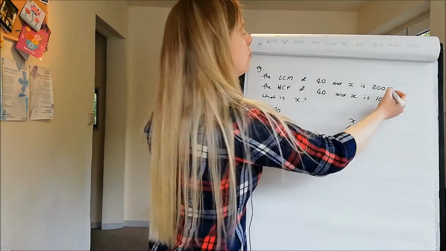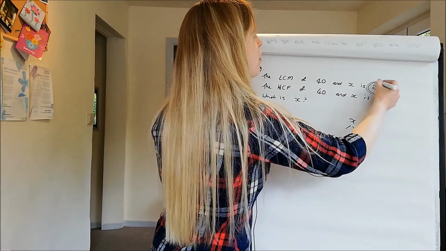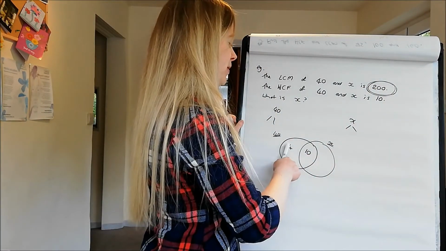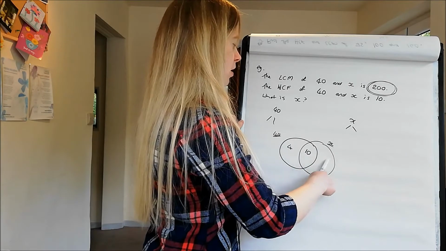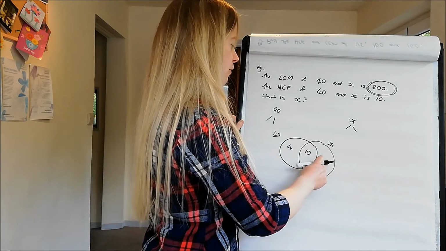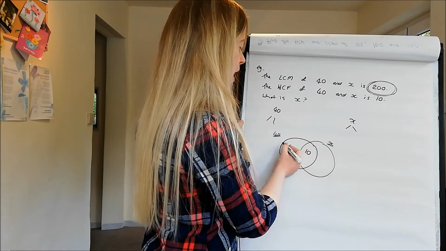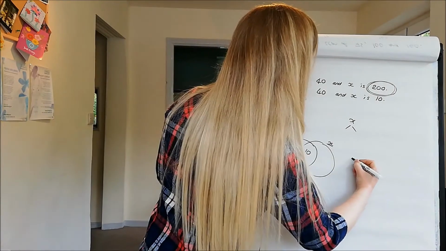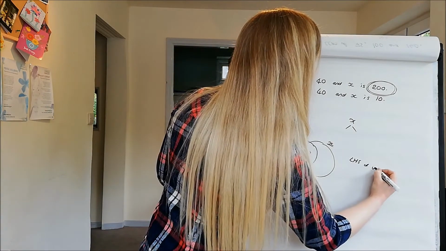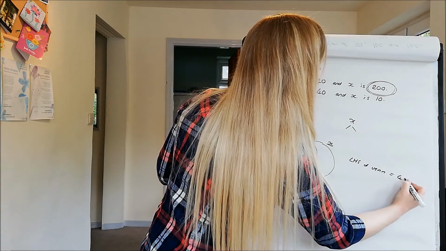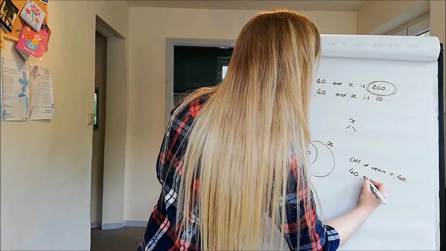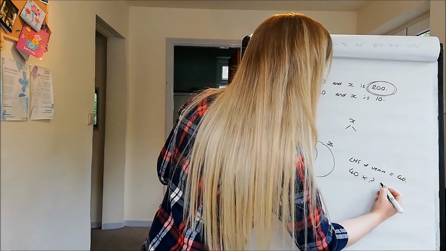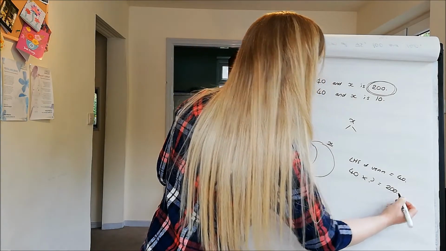We now have the final bit of information that the lowest common multiple is 200. So we know that when we multiply all of the Venn together, it had to produce an answer of 200. Well, this part of the Venn here represents 40. So the left-hand side of the Venn is 40. And we know that that 40 needs to be multiplied by something here to produce an answer of 200.